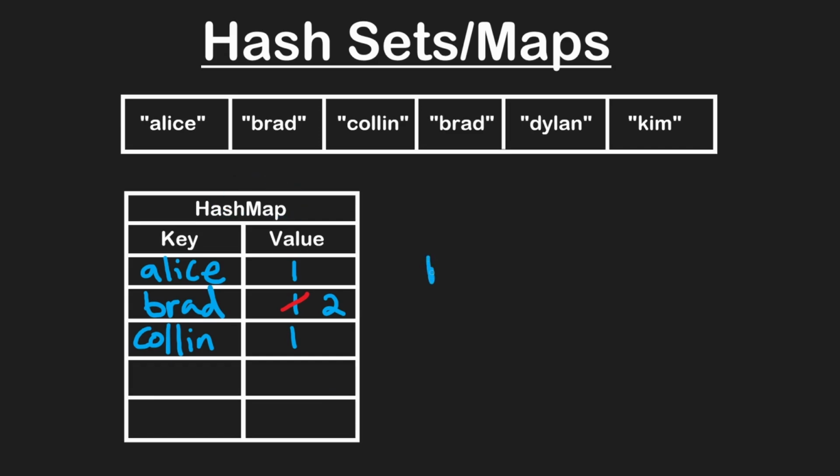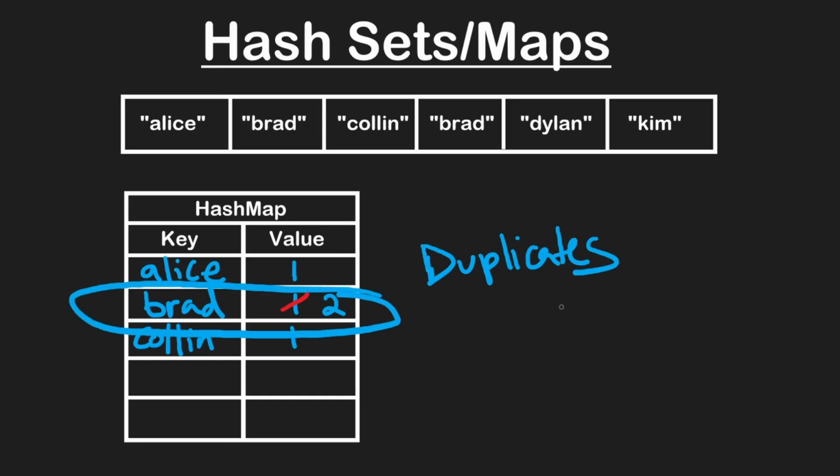They cannot contain duplicates. Duplicates are not allowed in hash maps, because that's not the use case for a hash map. Why would we want multiple copies of the same thing? And that's the exact same with binary search trees. Remember, we don't allow duplicates in binary search trees, so a tree map is also not allowed to have duplicates.